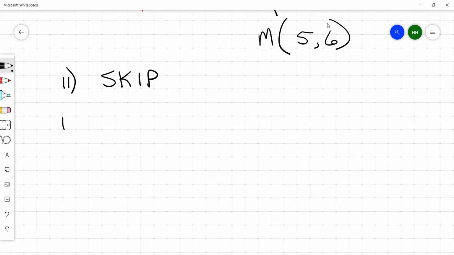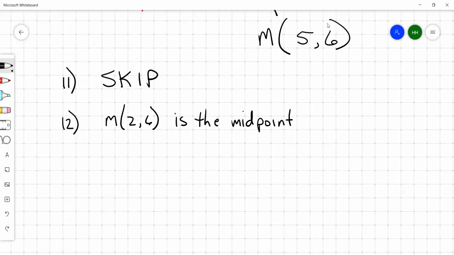All right, number 12. M is the midpoint of RS. M, 2, 6 is the midpoint of segment RS.